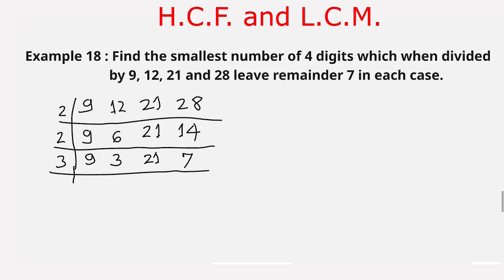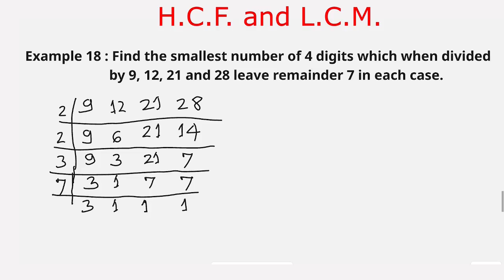Now we divide by 3. 3 times 3 is 9. 3 times 1 is 3. 3 times 7 is 21, and we carry 7 as it is. Now we divide it by 7. Carry 3 as it is, 1 as it is. 7 times 1 is 7 and 7 times 1 is 7.